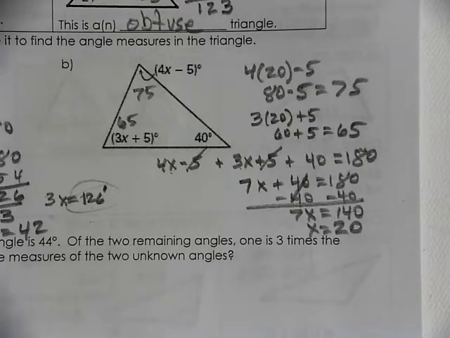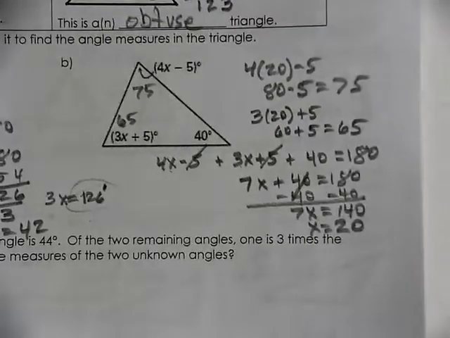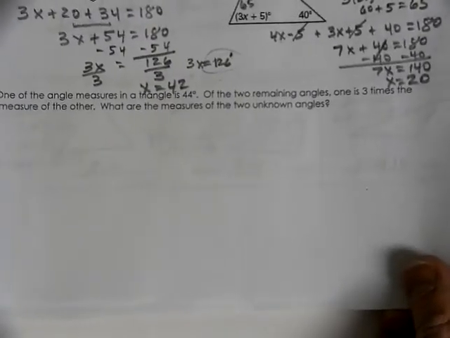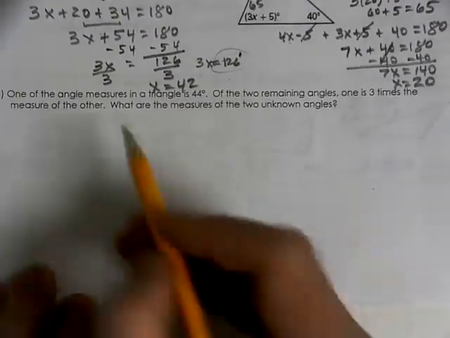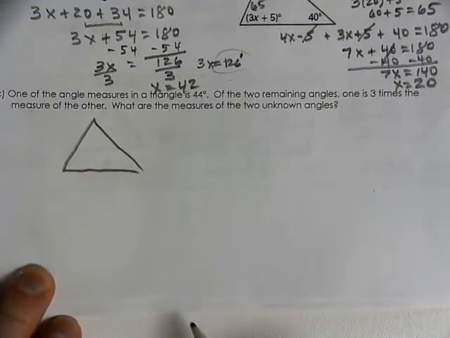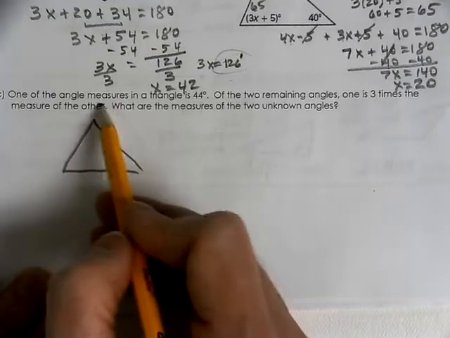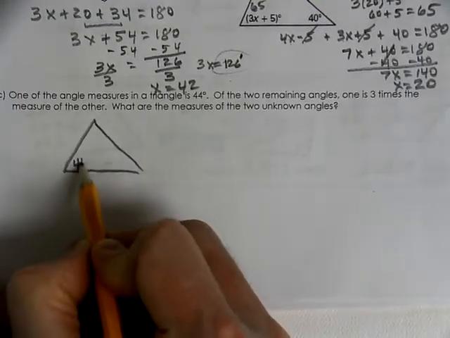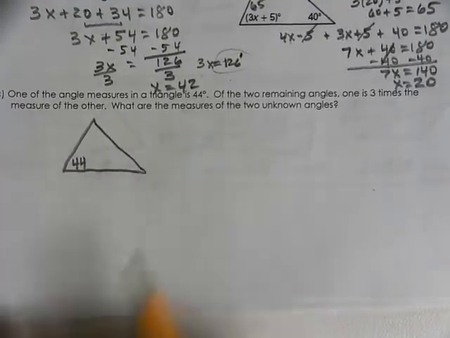Okay, the last one is somewhat of a word problem here. It talks about a triangle, and I'll just draw a random triangle in here. One of the angles is 44 degrees, so I have a 44 degree angle.